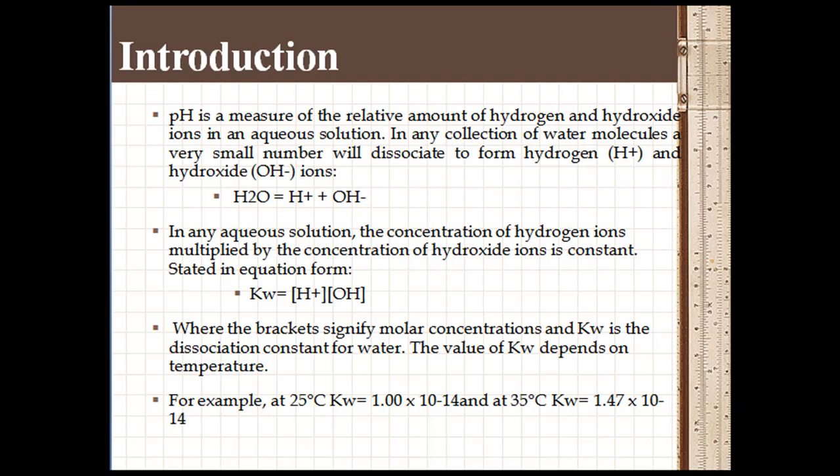The value of the dissociation constant depends on the temperature. The dissociation constant at 25 degrees Celsius is 1 into 10 raised to the power minus 14, and at 35 degrees Celsius it becomes 1.47 into 10 raised to the power minus 14.